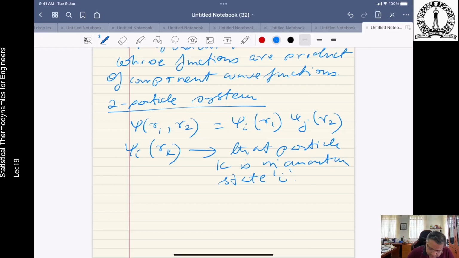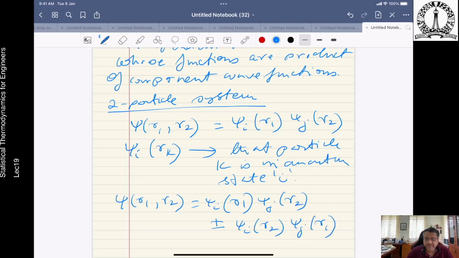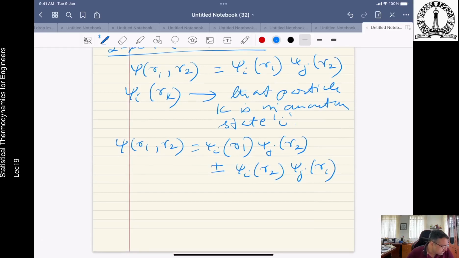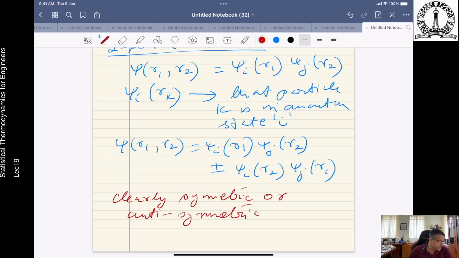Now, if I, on the contrary, write psi(r1, r2) equal to psi_i(1) psi_j(2) plus or minus psi_i(2) psi_j(1), this is clearly either symmetric or anti-symmetric, depending on whether this sign is positive or negative.